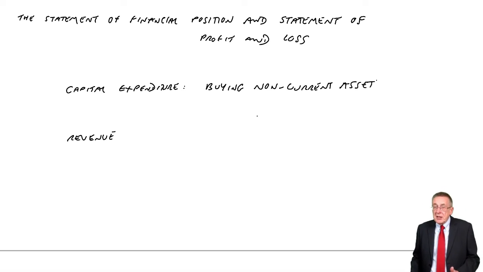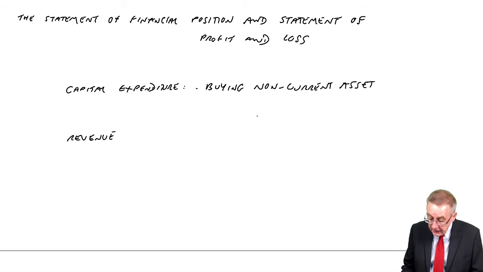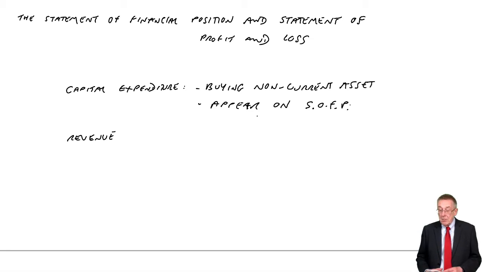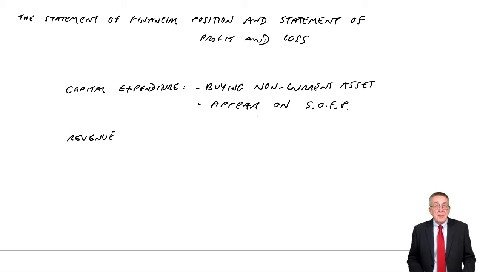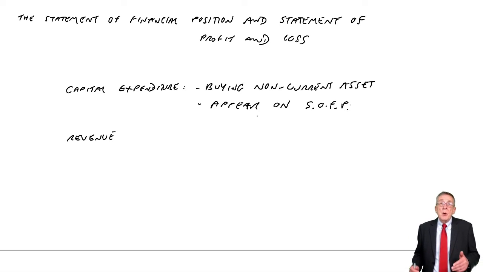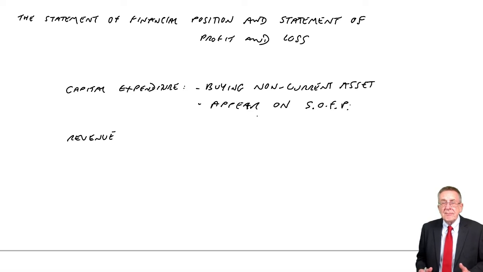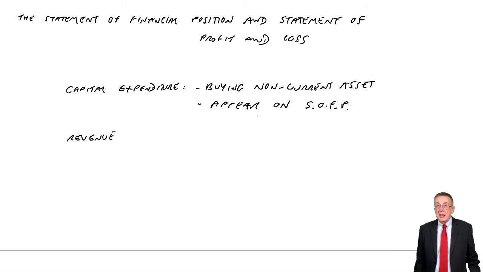We say it's capital expenditure, and of course these appear on the statement of financial position. Now that's capital expenditure. Nothing to do with the word capital itself. Capital is money owed to the owner. Capital expenditure is when you're buying a non-current asset.